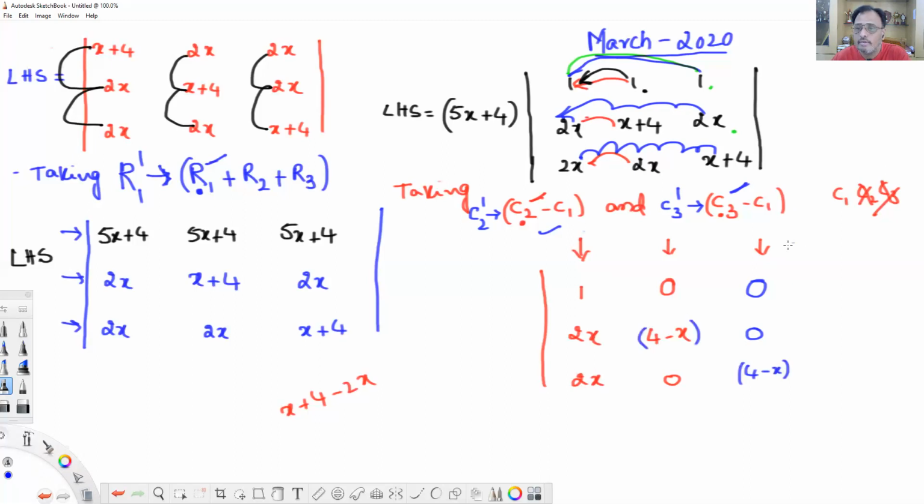Therefore, here I'm going to write the final result. So LHS is equal to, already we have 5x plus 4.